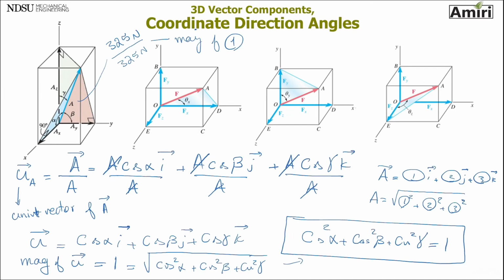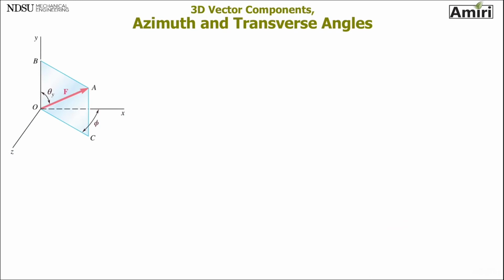All right, so this was option 1, meaning you have a vector and you have the coordinate direction angles. You have every angle that that vector makes with every axis. What if you don't have that? And you have a case kind of like this.